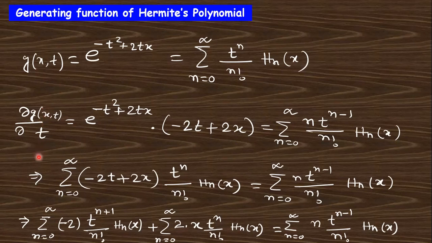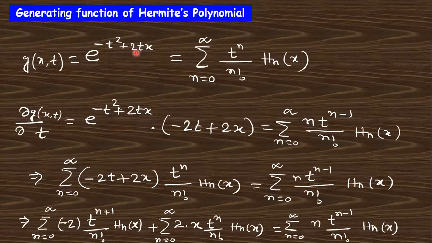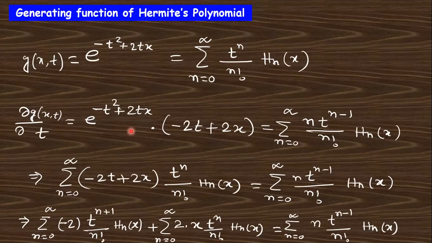So at first, when we take the partial derivative with respect to t, we get that Hermite polynomial relation. And when you take the partial derivative with respect to x of that relation, you will get this term into 2t, and this is equal to that summation form.